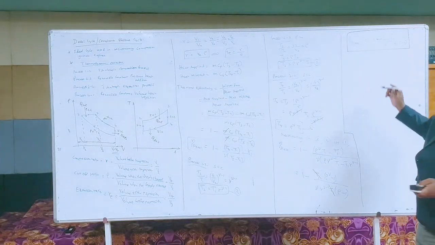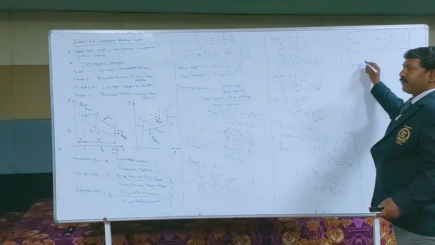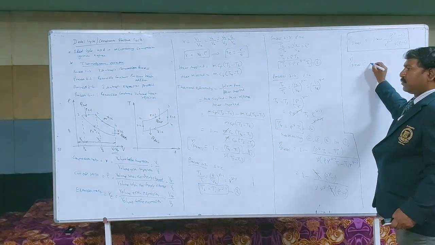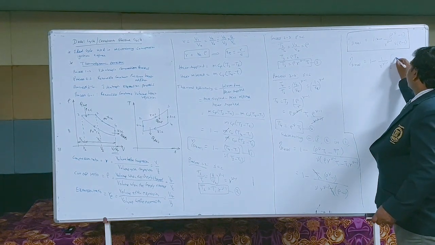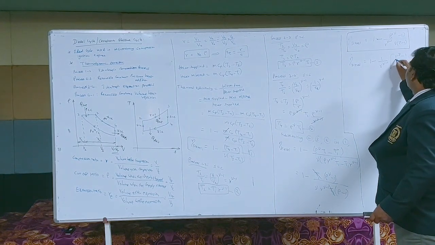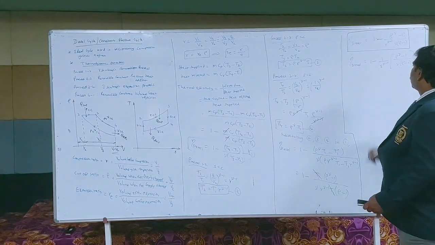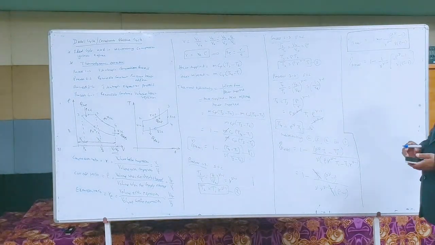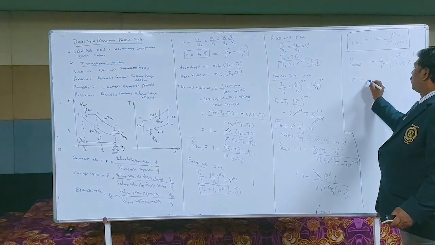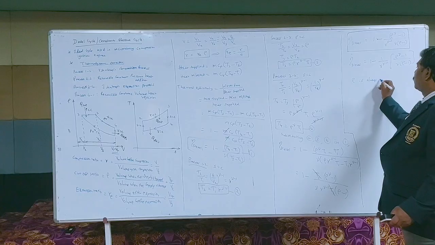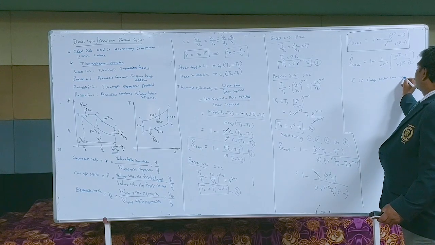And in this one we can rearrange like this: efficiency of diesel cycle is equal to 1 minus 1 by R power gamma minus 1 into rho power gamma minus 1 divided by gamma into rho minus 1. We can also write like this. In this equation, the rho is always greater than unity.